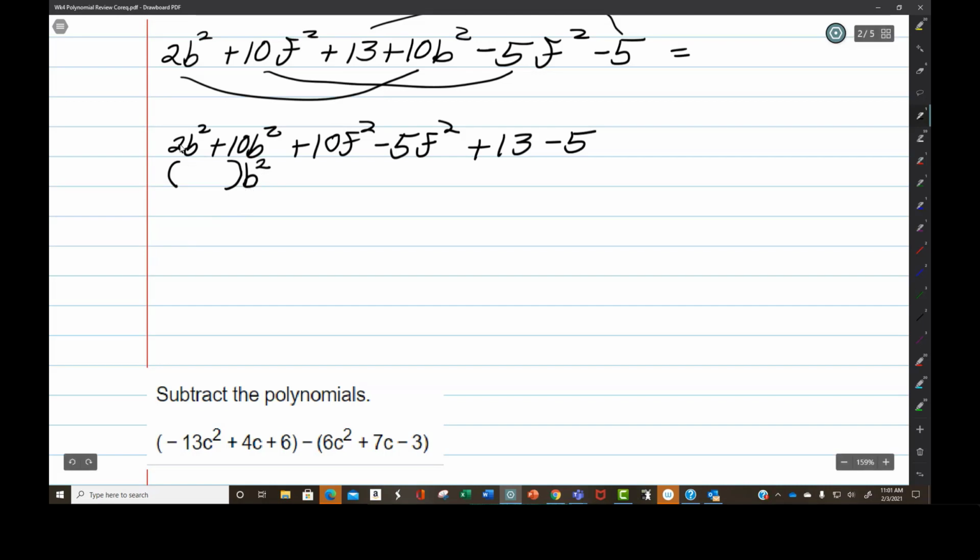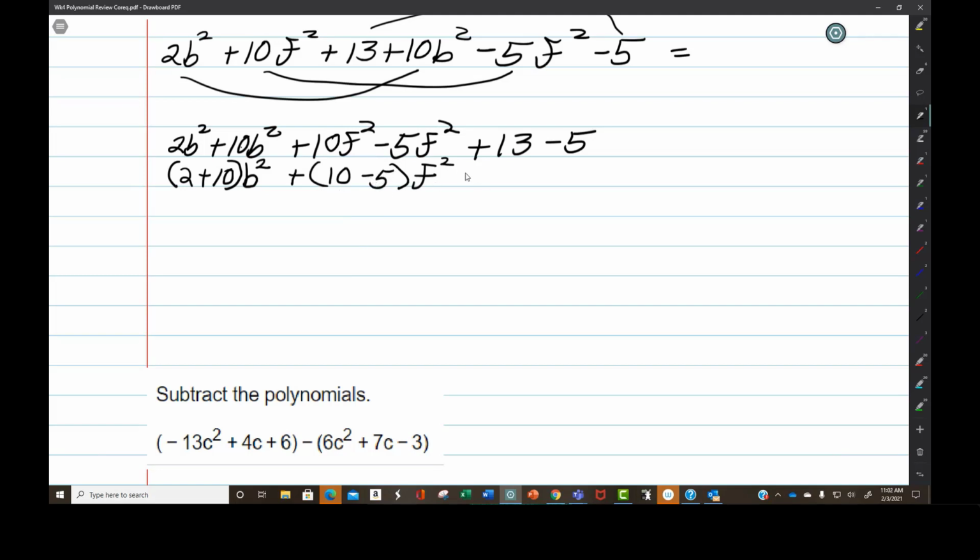And I'm going to add the numbers in the parentheses. And over here, I'm going to take the 10 and subtract the 5.